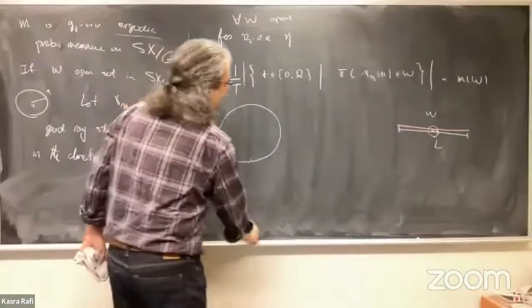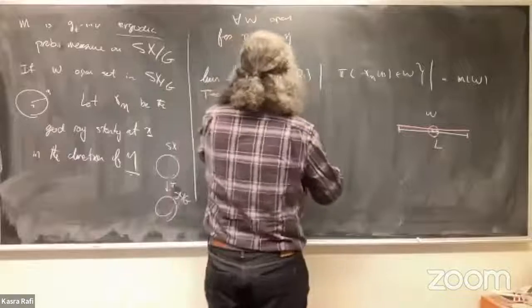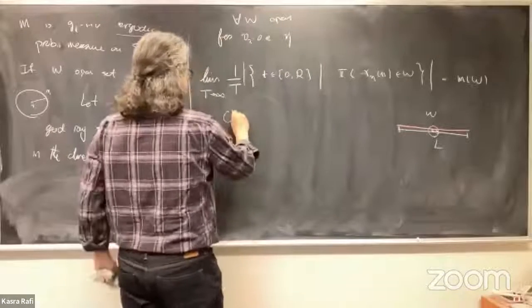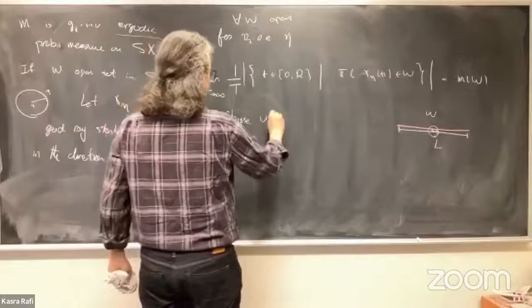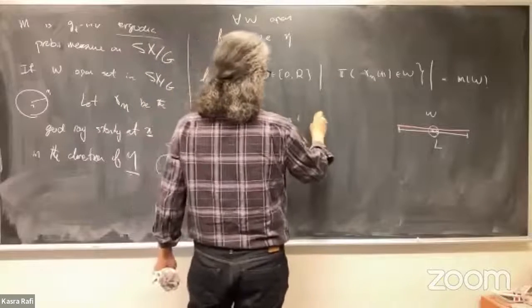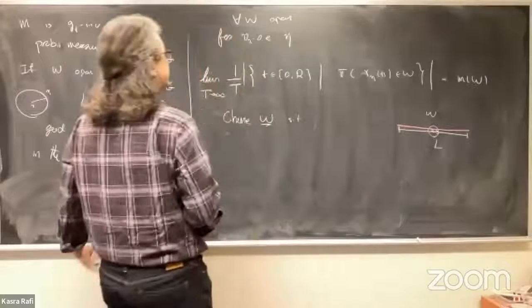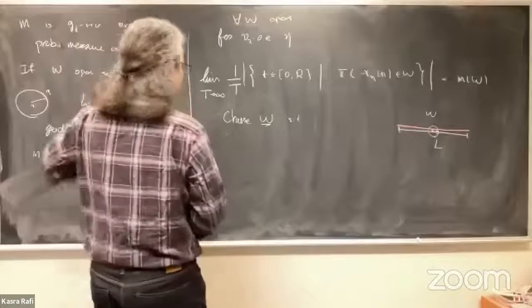So I can choose my W so that, yeah, what are our points in here?